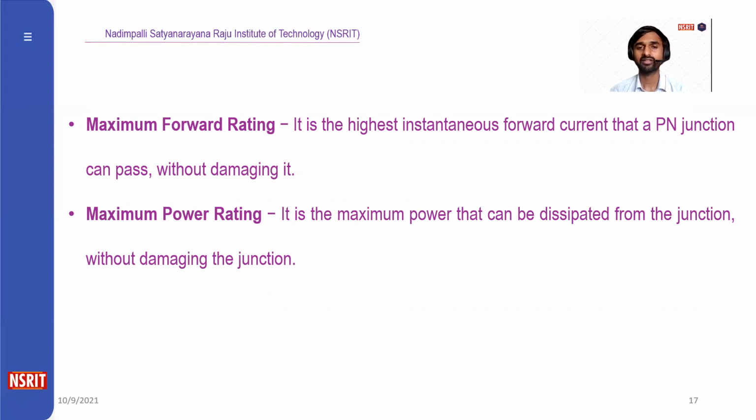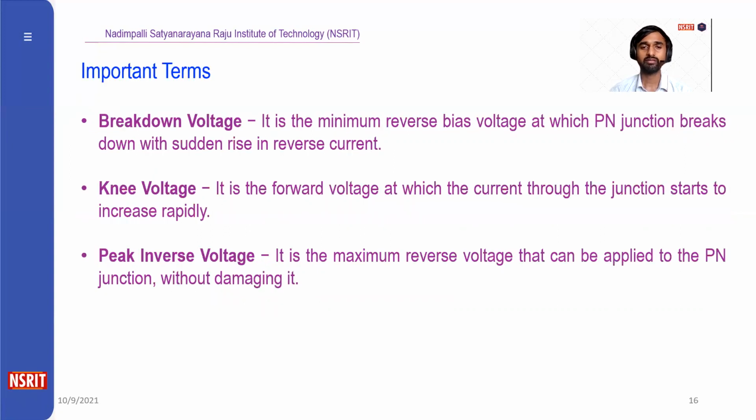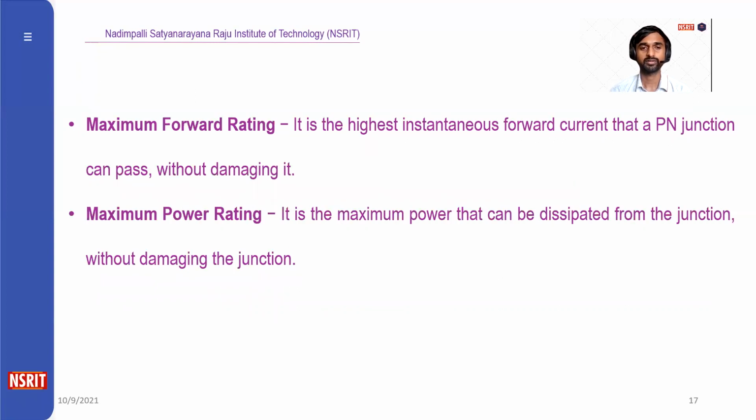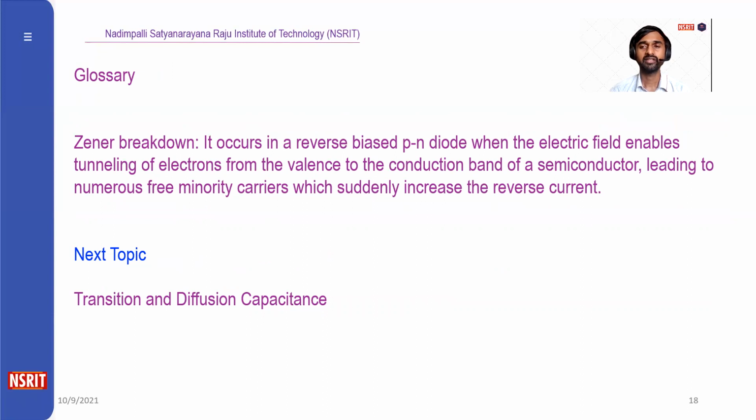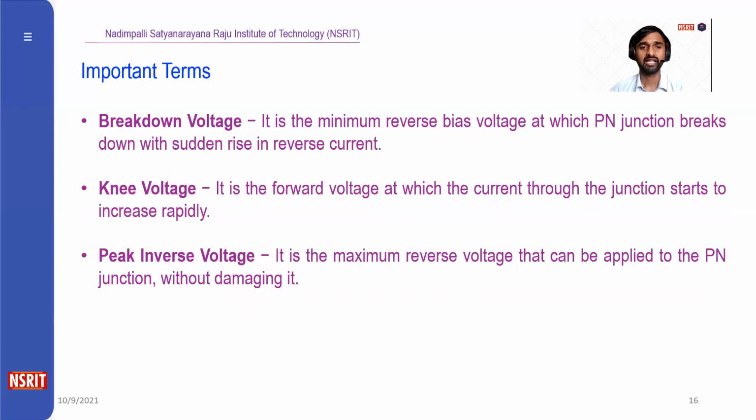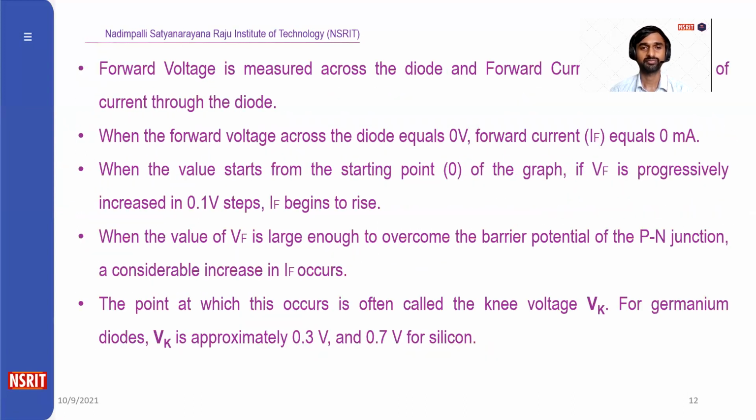Whenever we buy a diode, all these values will be specified for it. So these are the VI characteristics of a PN junction diode in forward bias and reverse bias conditions.